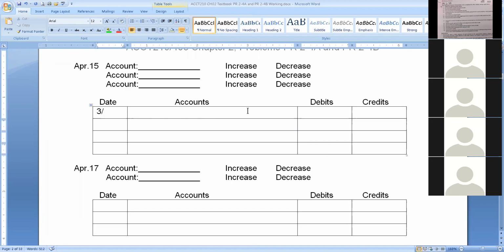So, what accounts are we going to have for that one? Land and cash. Land, cash, and we'll actually have one more. Land and cash are both correct.